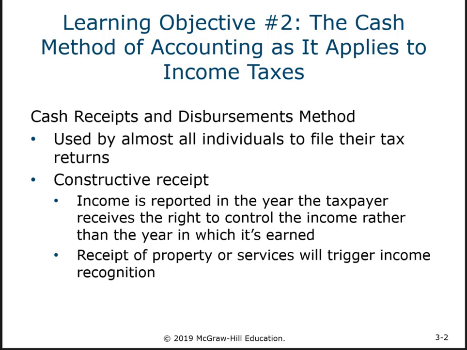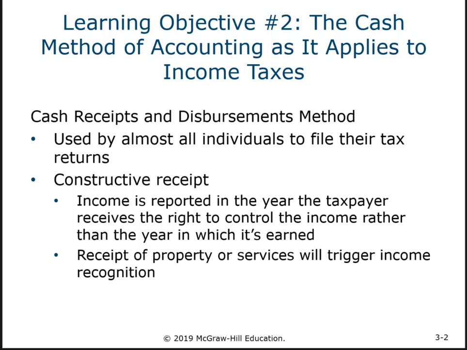Now, just so you understand, it does not have to be cash in every instance. For instance, if you do something for someone and they do something in return, they provide you with services, you have income, and you have constructive receipt, even on the cash basis, because you received services and you recognize that on your tax return in the year that you receive the services.